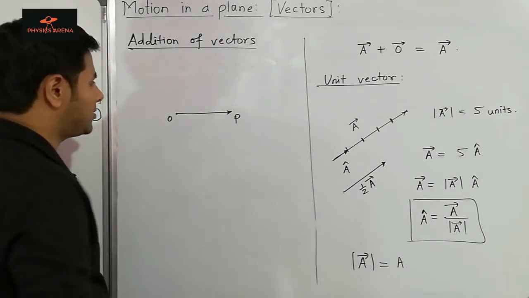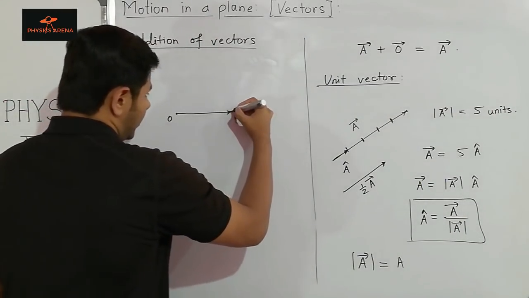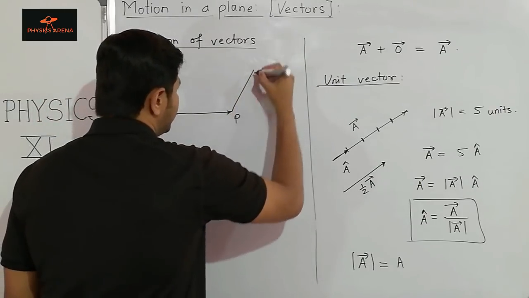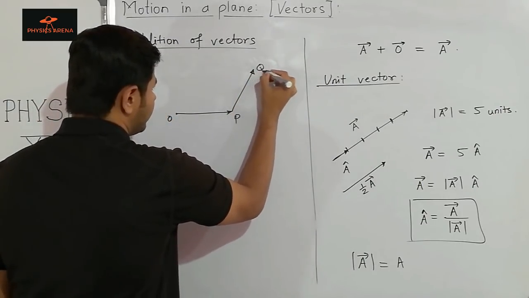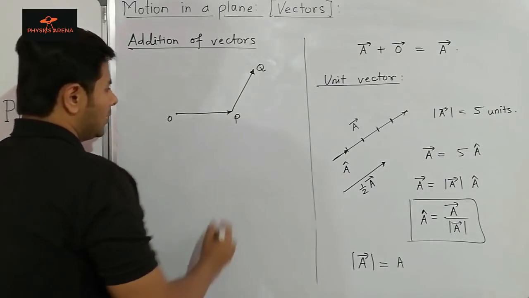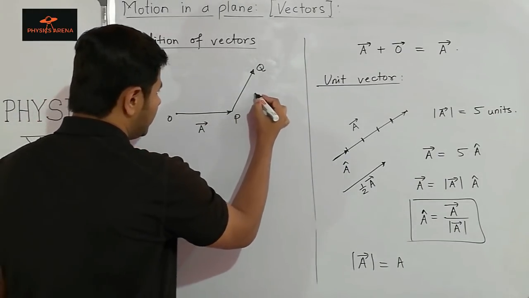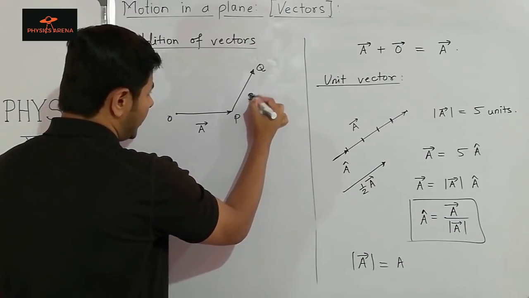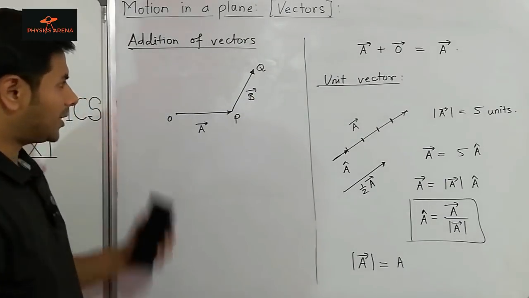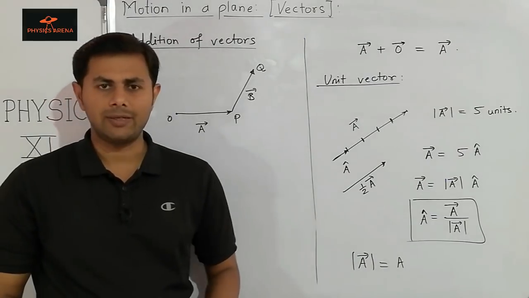It's a partial displacement vector. Then from this point he moves to some other point, let's say Q. So this OP bar, let me call it A bar, and the next displacement PQ, let me call it B bar. They are partial displacements of that person.